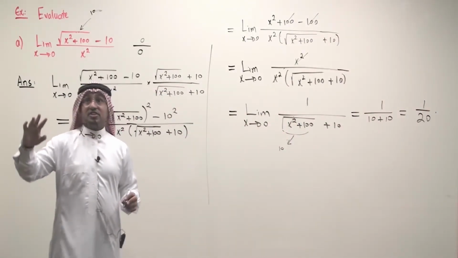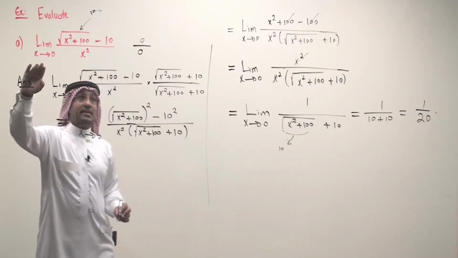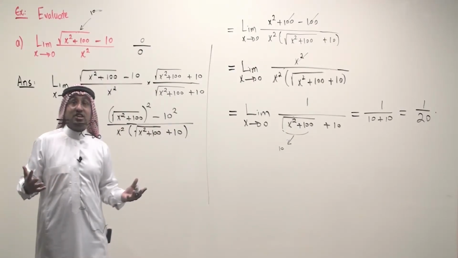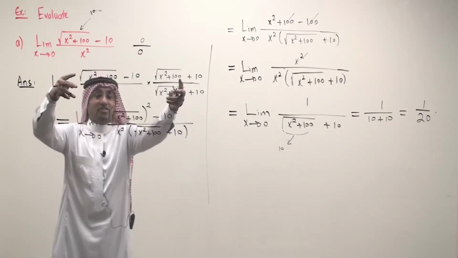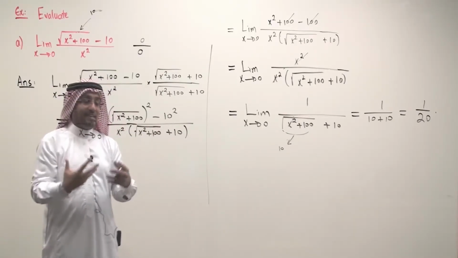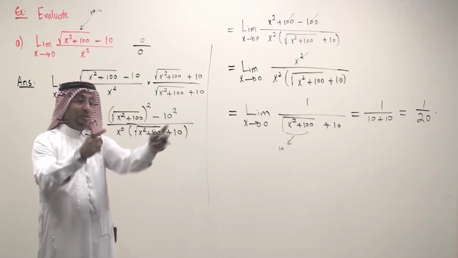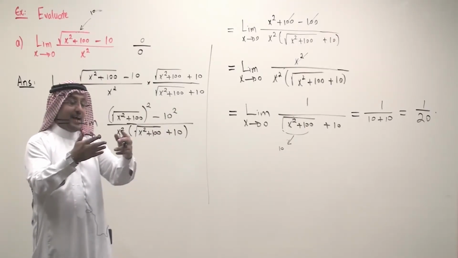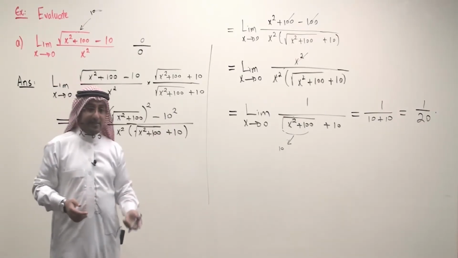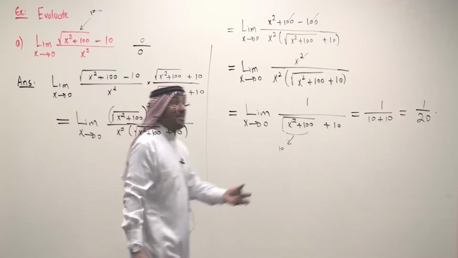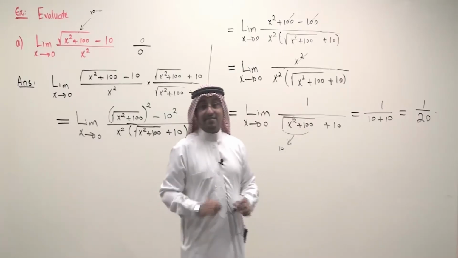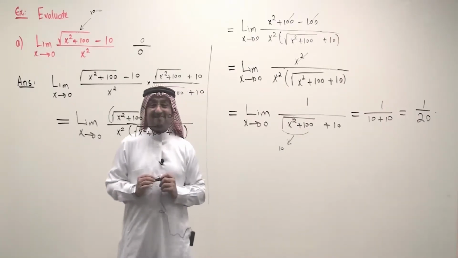Basically, once we discovered that the limit is of the form 0 over 0, to make the simplifications, we multiplied by the conjugate. Multiplying by the conjugate is easy. It basically leads us to a difference between two squares, the square of the first term minus the square of the second term. And as you see, things are going to simplify, and eventually you can evaluate the limit easily.